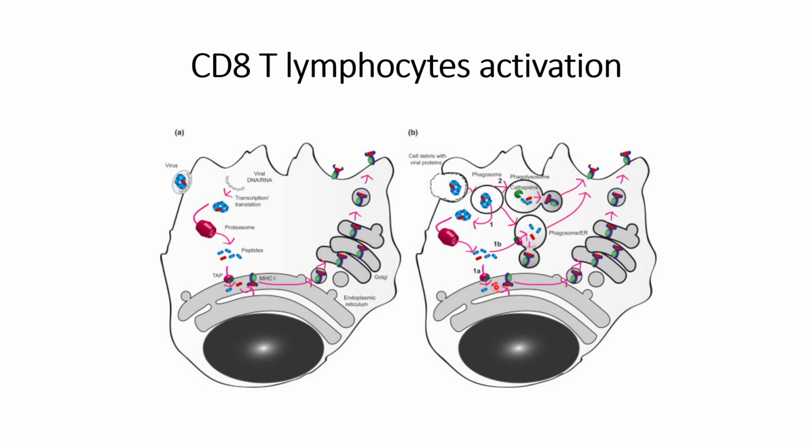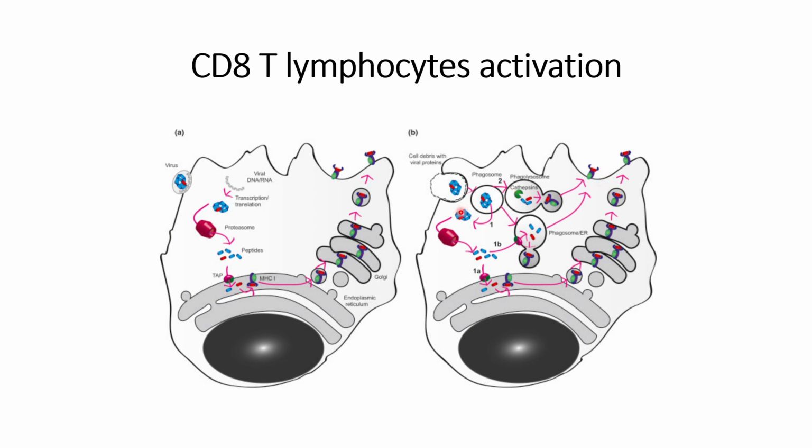Another approach is that instead of following the secretory pathway through Golgi, the major histocompatibility complex along with antigen interacts with a phagosome, which helps in transferring the MHC1 to the cell surface.